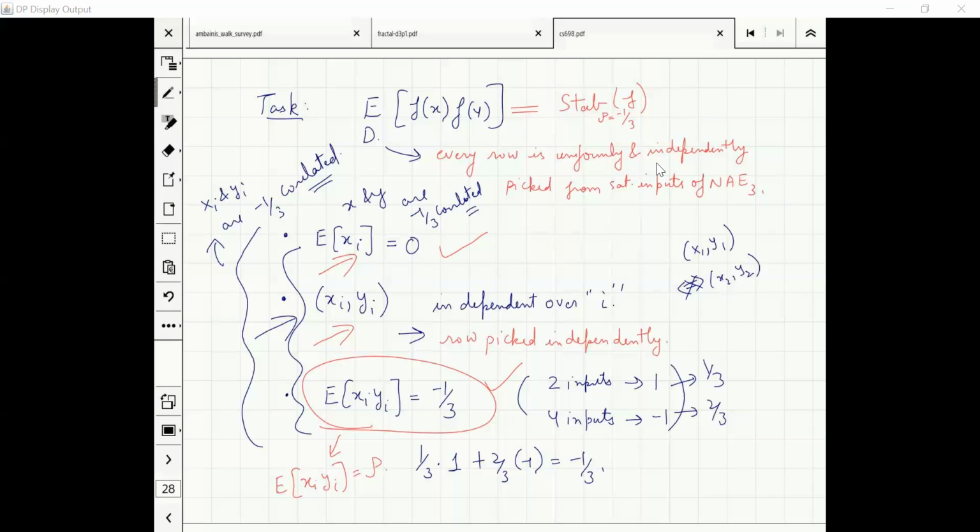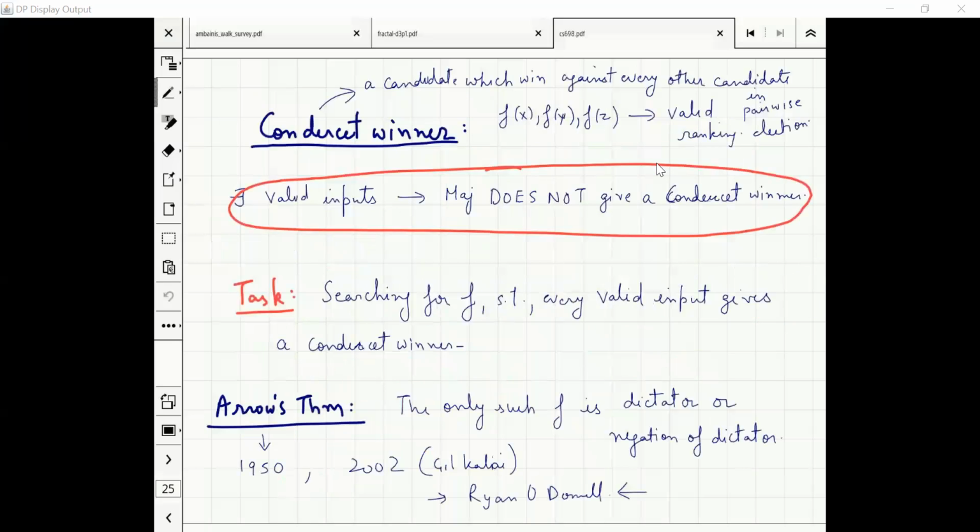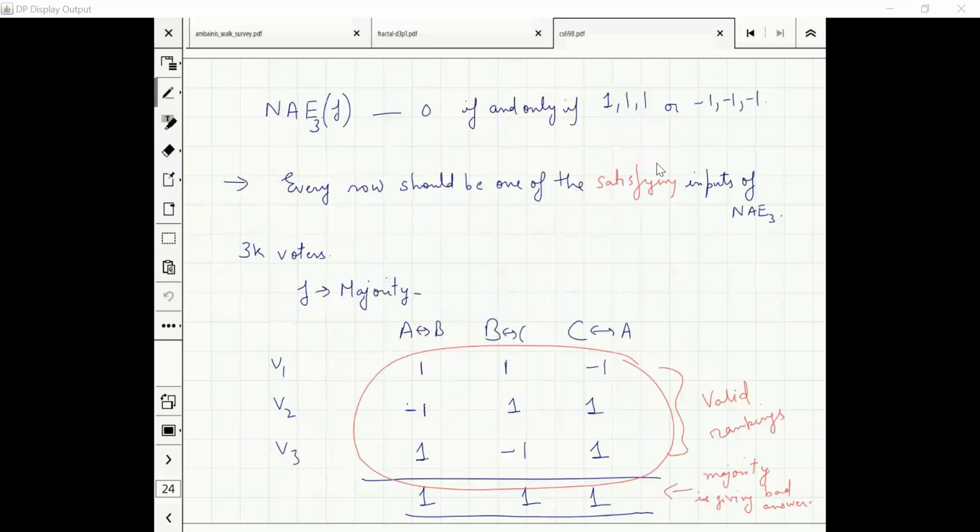If I look at a particular row of the first and second column, picking uniformly from satisfying inputs, I know that these are -1/3 correlated. That follows because expectation of xi is 0, expectation of xi yi is -1/3, and these are variables which only take value 1 and -1.